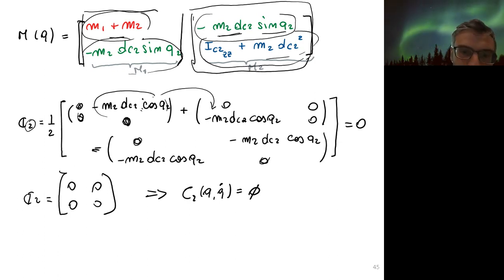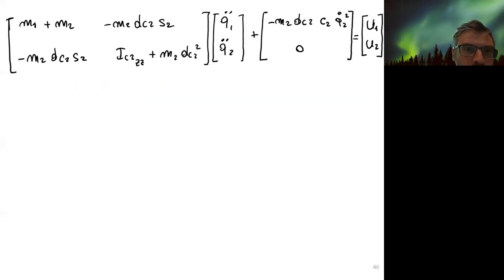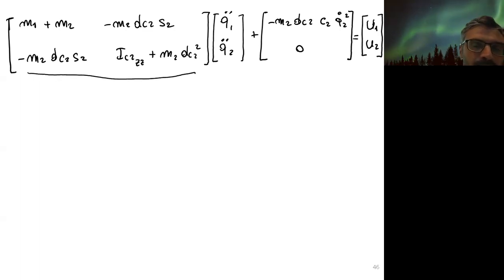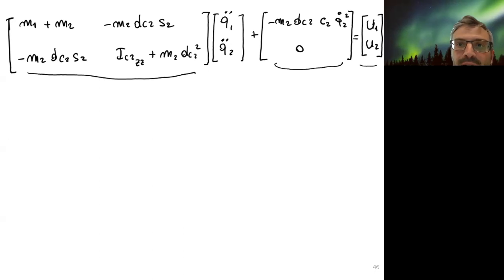And then putting everything together, we have the inertia matrix here and the Coriolis centrifugal vector and the vector of torques, which can be tau 1, tau 2. You can specialize.